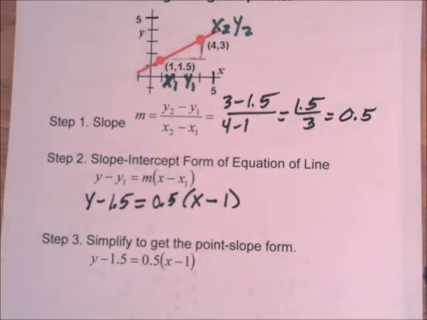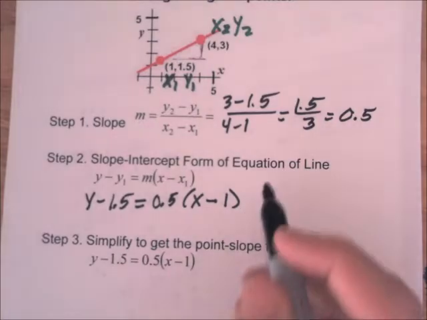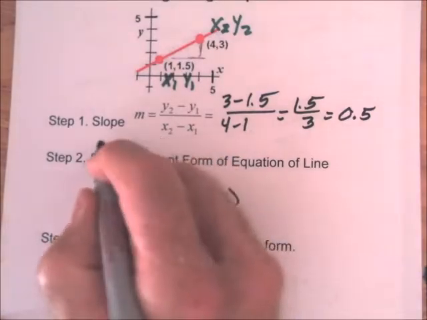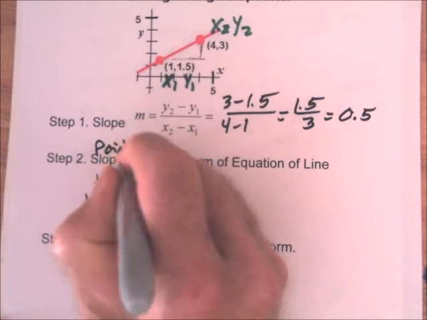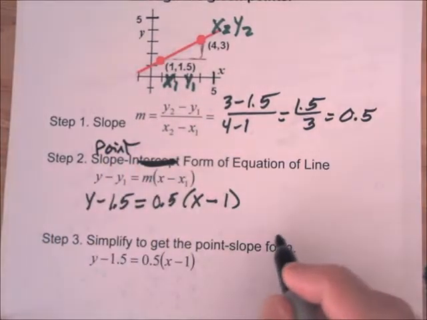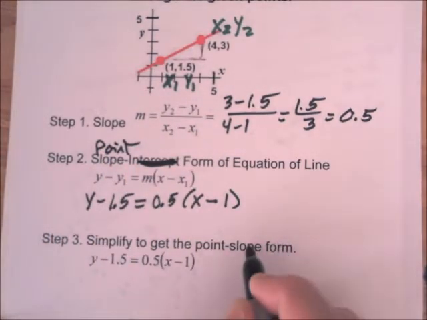Okay, so this is the point-slope form, and we want the slope-intercept form.